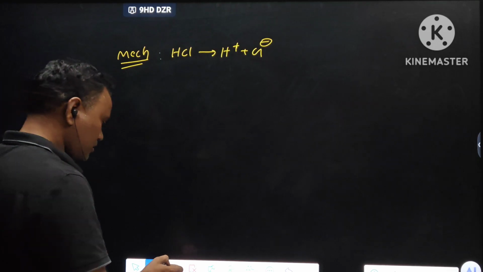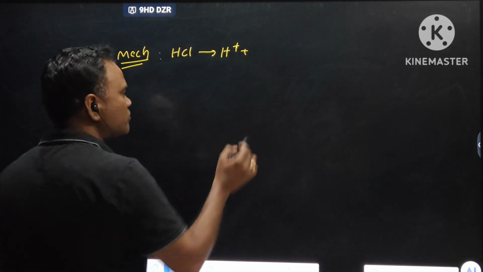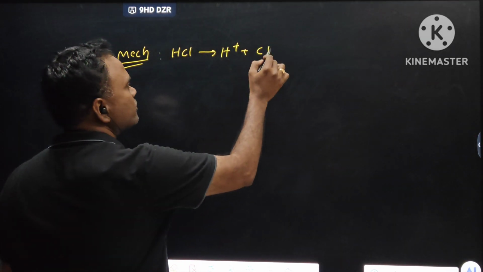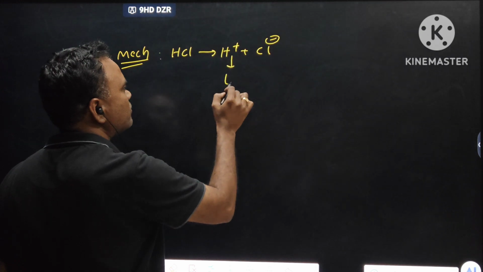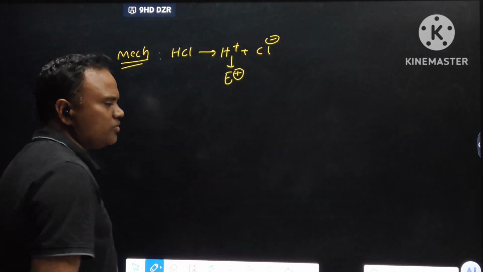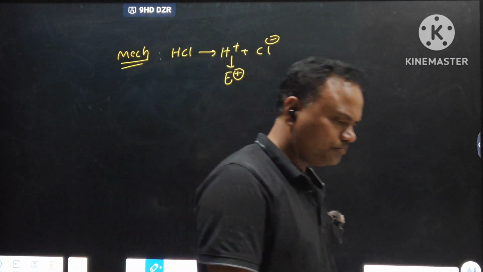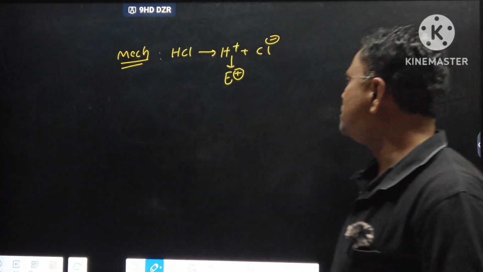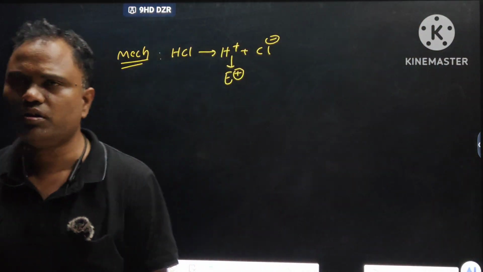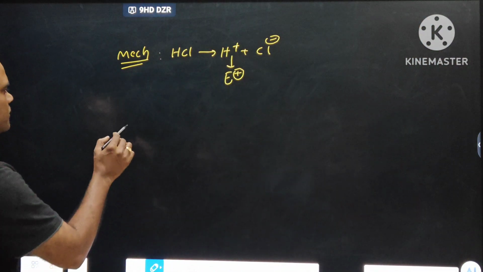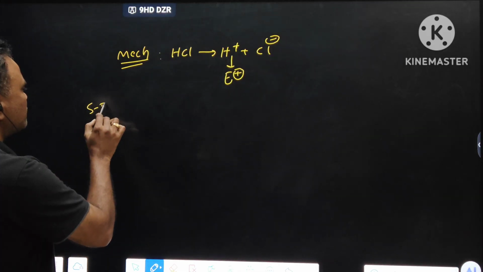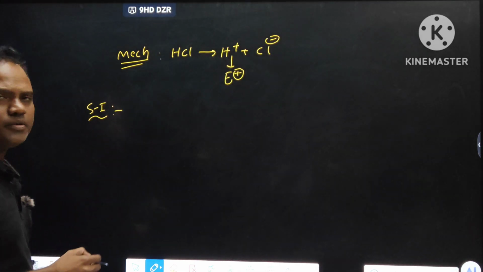See, H plus is electrophile and Cl minus is nucleophile. Electrophile is represented as E positive, and Cl negative is the nucleophile. Right. See, in step 1, see what I am writing.